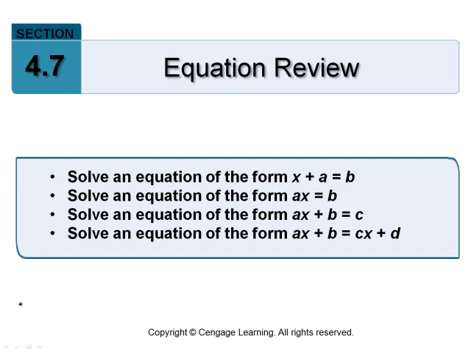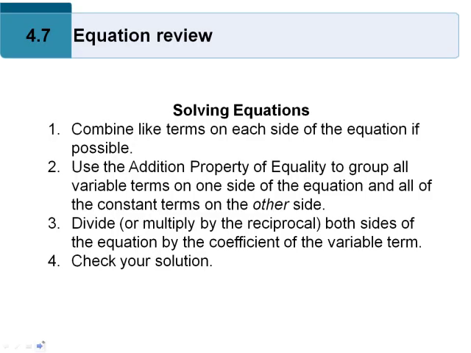So basically from the one-step equations all the way up to the equations where you have to move variables and constants from one side of the equation to the other. So let's get started. Here are your 4 basic equation solving steps. The first thing you want to do, if it's possible, is combine like terms on each side of your equation.